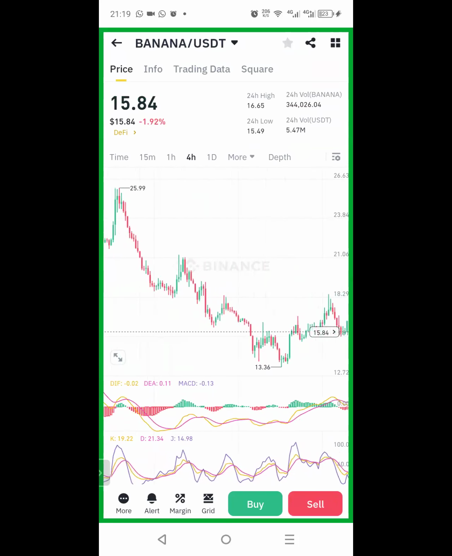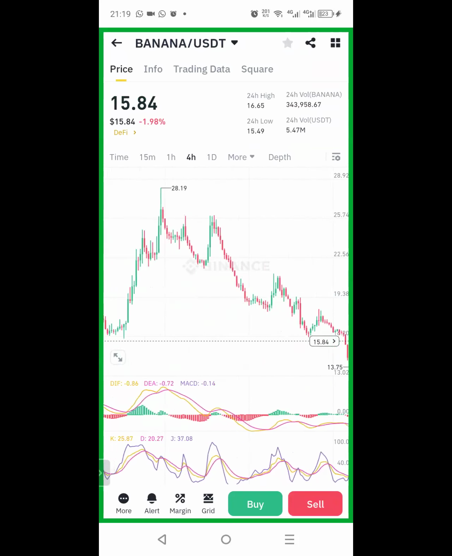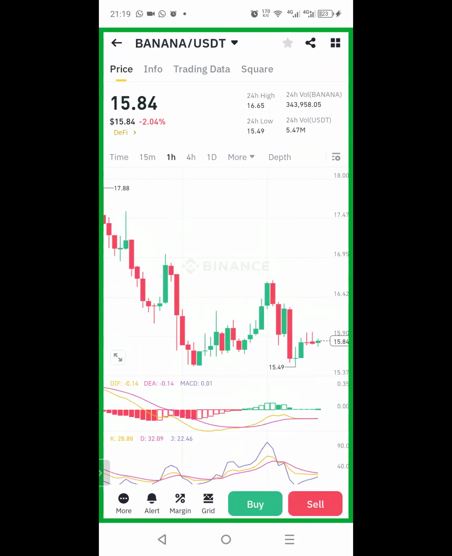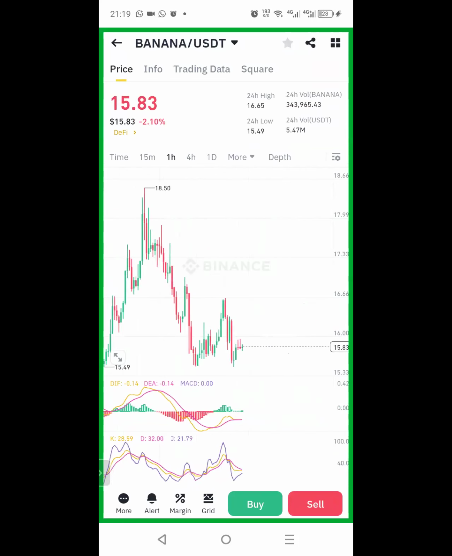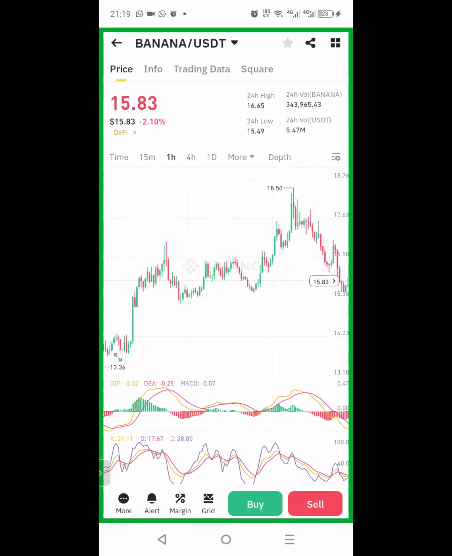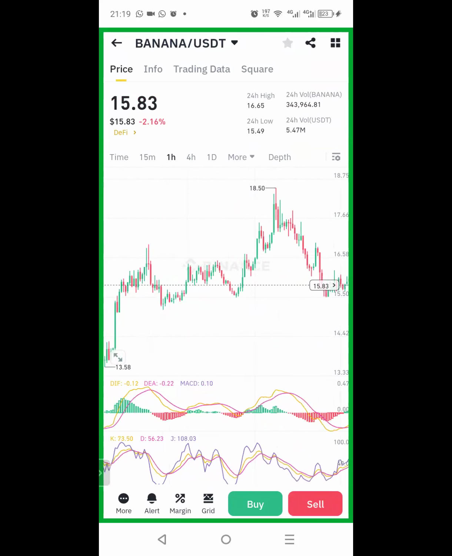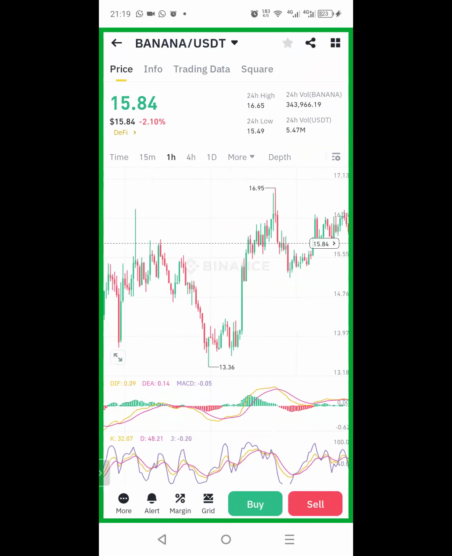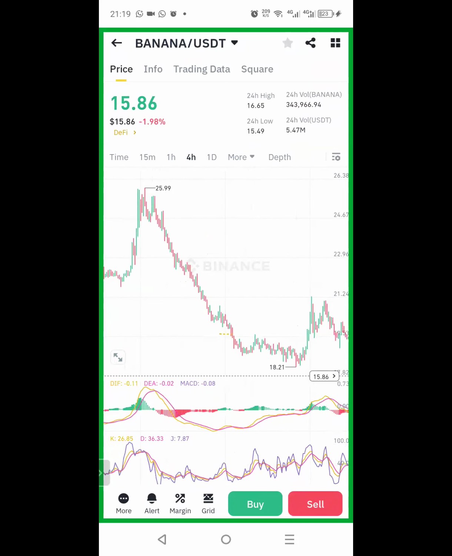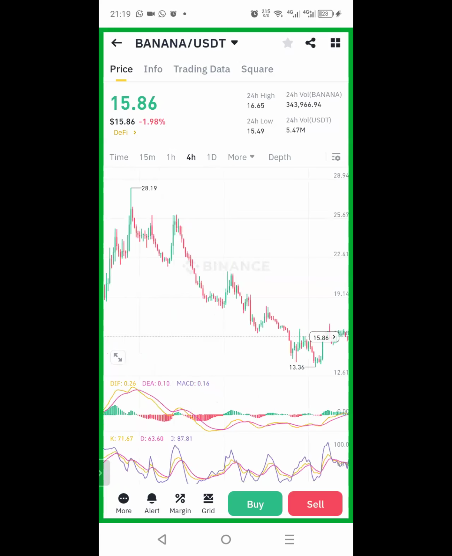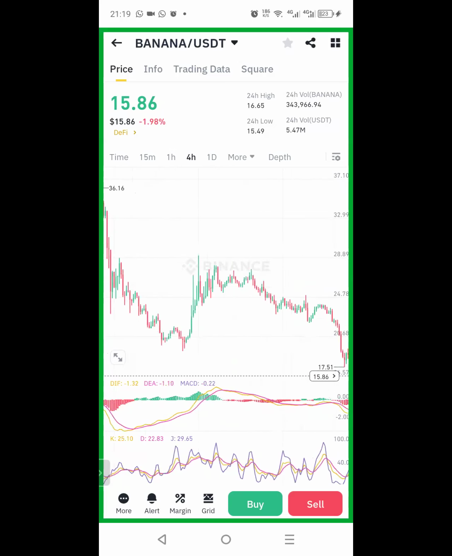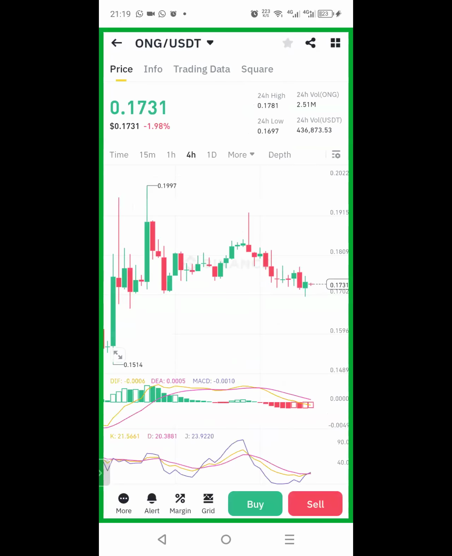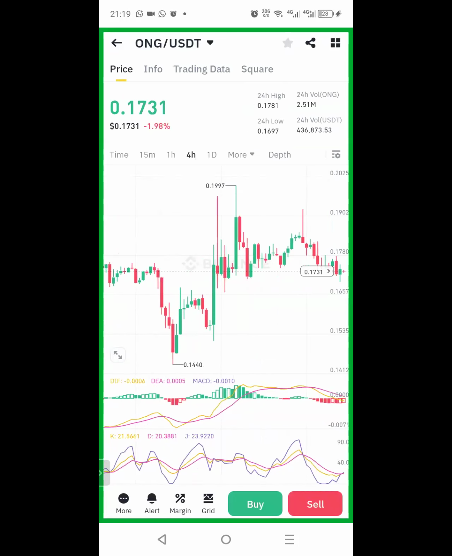This one is a downtrend movement according to the 4 hours. So I just put it on the 1 hour time frame. I want to check whether I can use this one for us. We can't use this one. Let me look for another one.